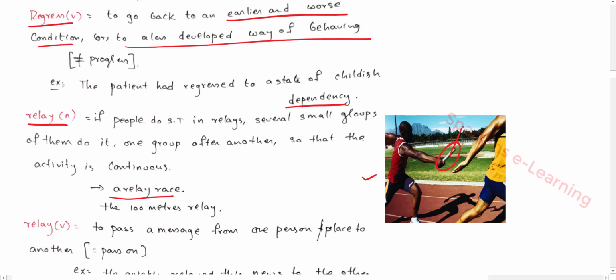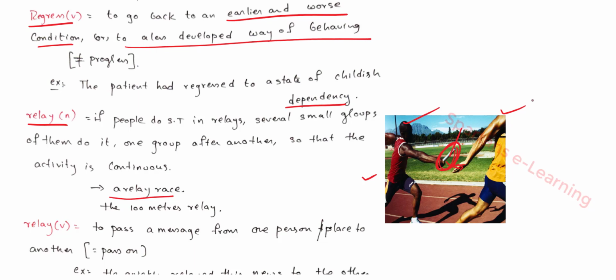It can be anything, right? He hands it over to another runner, and that runner starts running. So that way the activity of running will be continuous, right? That is a relay. Relay means if people do something in relays, they do it in several groups and continuously, right?